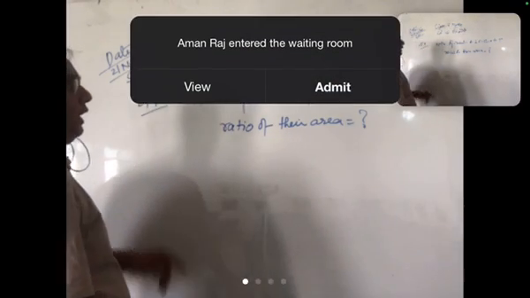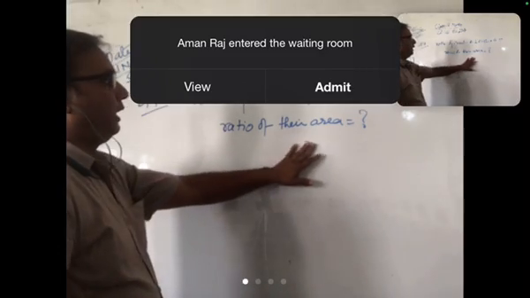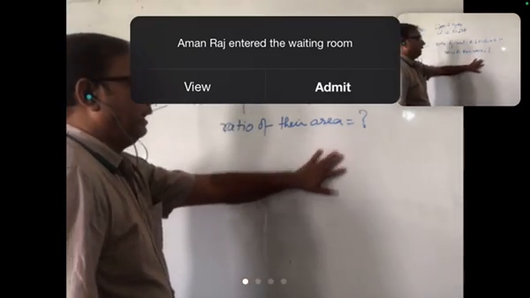The ratio of radii of two circles is 4 is to 5, and we have to find the ratio of their area.